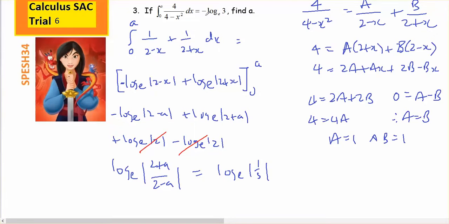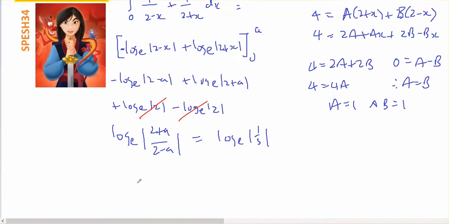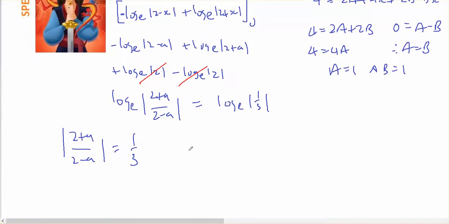Since negative log base e, I can put the negative up there. So I've got the modulus of 2 plus a over 2 minus a equals 1/3. Now, because it's a modulus, this could be positive or it could be negative.